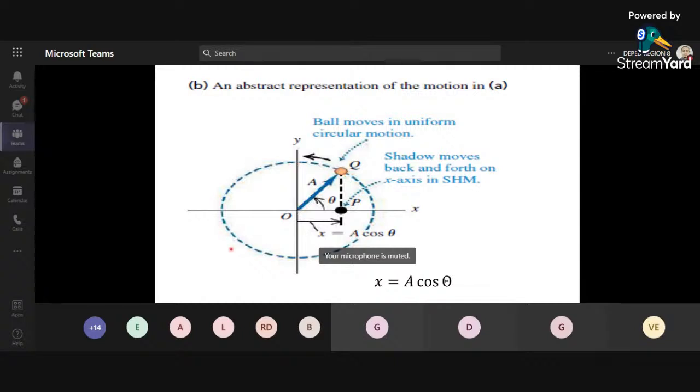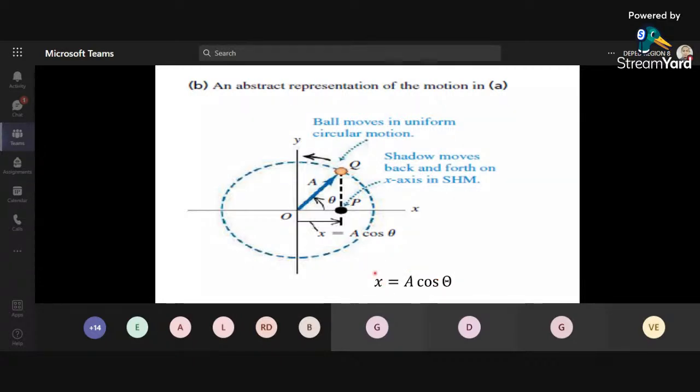Q keeps rotating. Q will project a shadow on the screen, which is P, and will move back and forth in simple harmonic motion. So the displacement of P, the shadow, from the point of origin O, can be measured by this equation that you see on the screen.